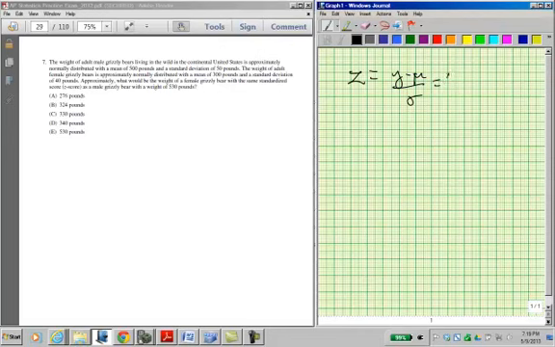So that's 530 minus 500 over 50. So Z equals 0.6. So you're going to find a female that's 0.6 standard deviations above the mean.